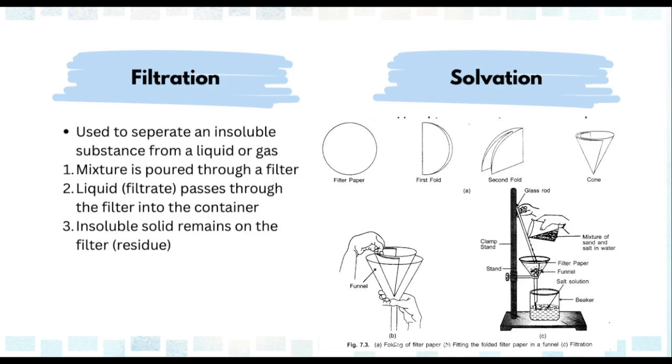A liquid is poured through the filter paper and the funnel, and goes through into a beaker. The insoluble solids will remain on the filter. Here, the leftovers are called the residue, and the liquid that passes down through is called the filtrate.